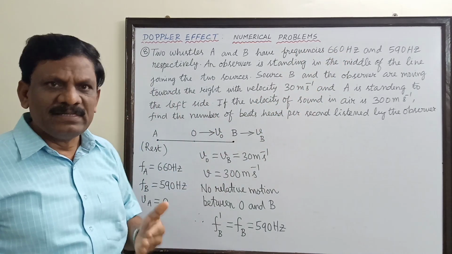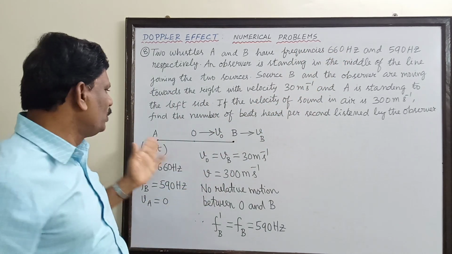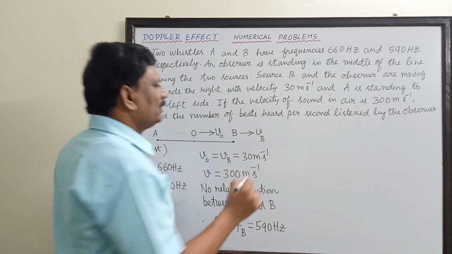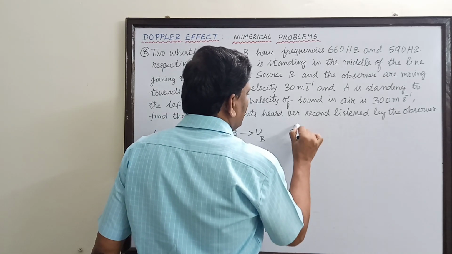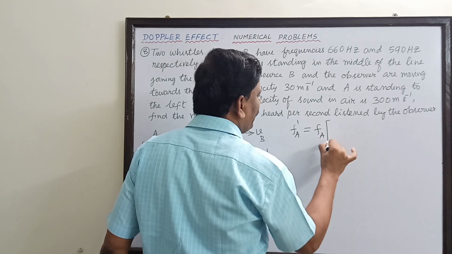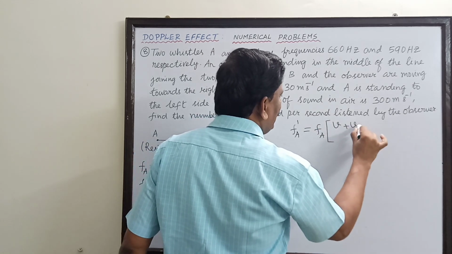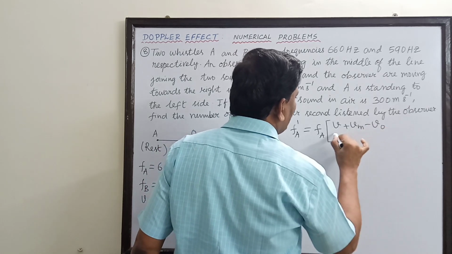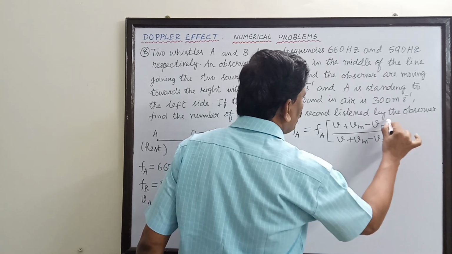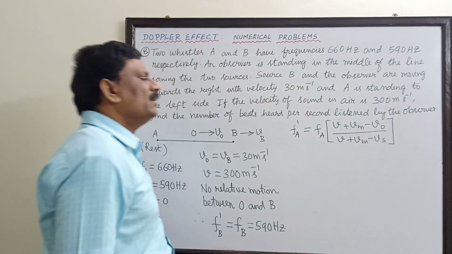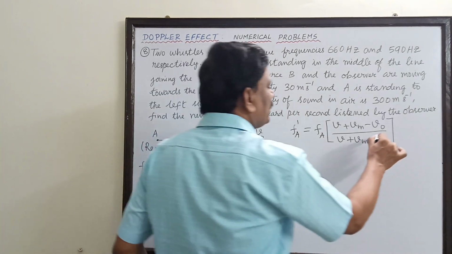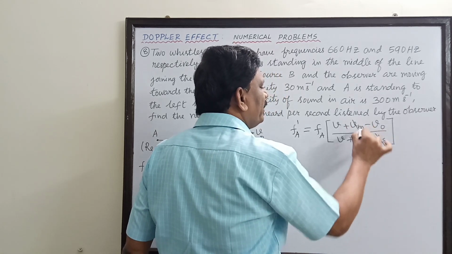Therefore, the frequency listened by the observer due to A will not be the same as FA, but some other frequency. F dash A is equal to the actual frequency of A multiplied by (V plus V medium minus V observer) divided by (V plus V medium minus V source). Here the source is A, at rest, so V source is 0 and the medium also is 0.